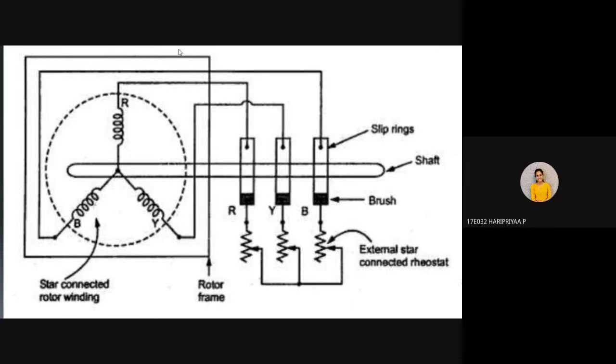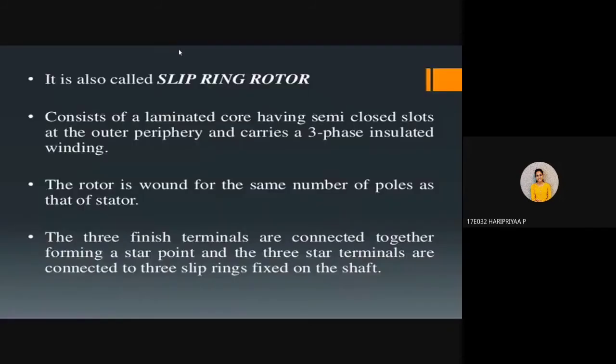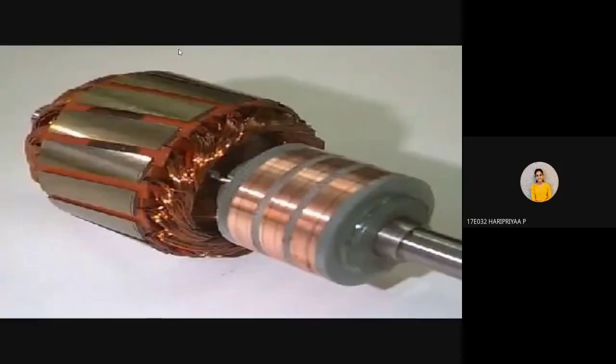The three finished terminals are connected together to form a star point, and the three star terminals are connected to the three slip rings, which are connected to the shaft. In the squirrel cage motor, no external resistance can be added, but in the phase wound rotor, an external star connected rheostat can be added. This is the phase wound rotor.